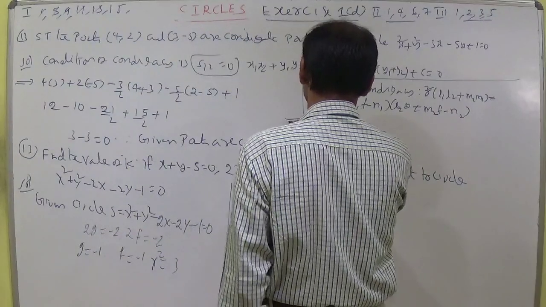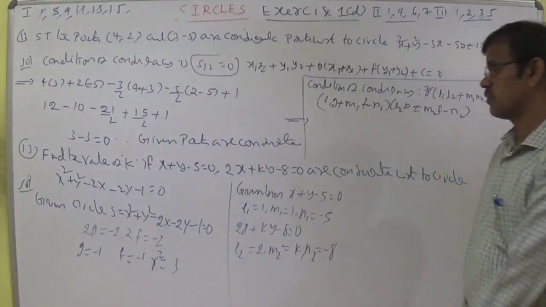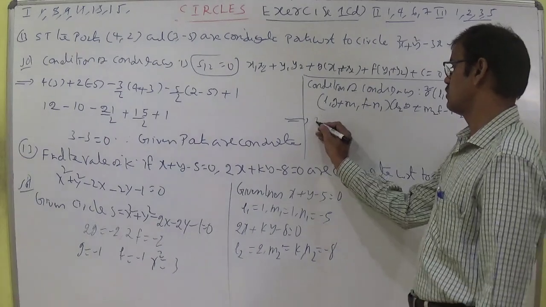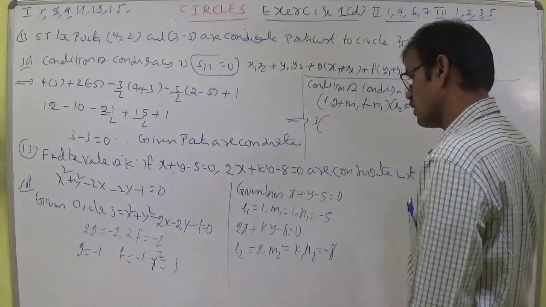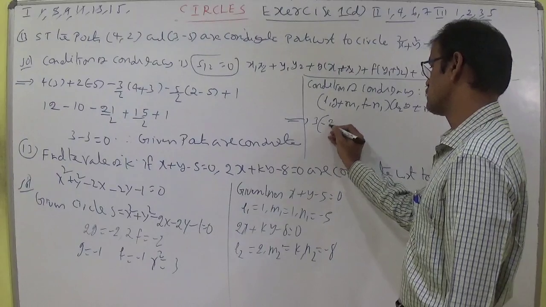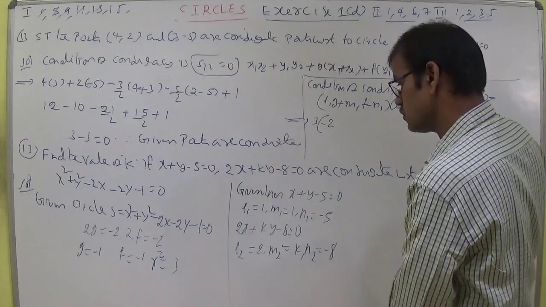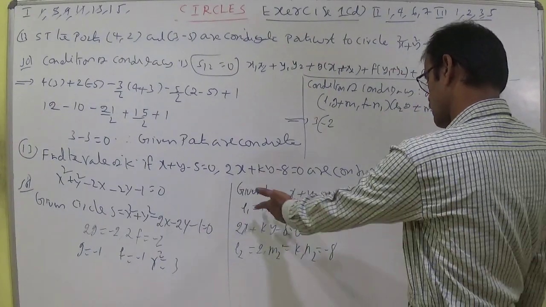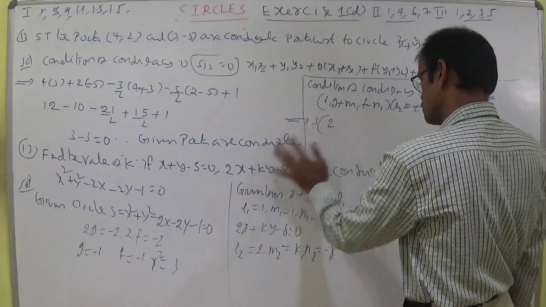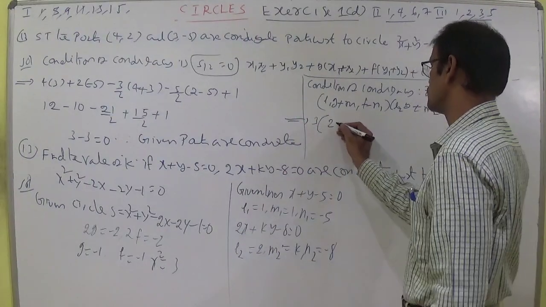Substitute the values we have written here. The r² value is 3 into L1L2, which is 2, not minus 2, plus M1M2, which is k.